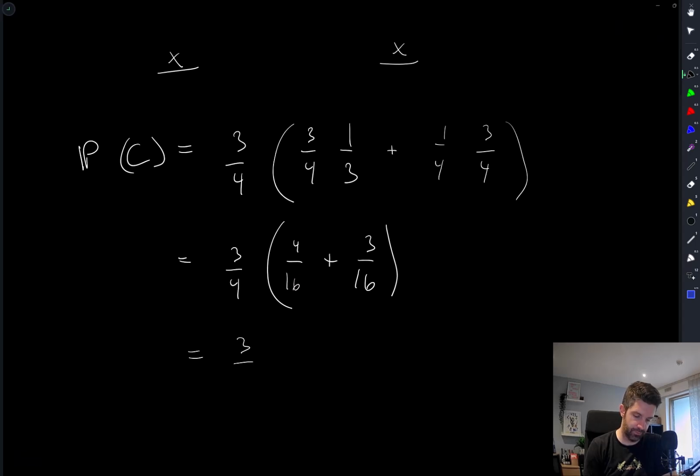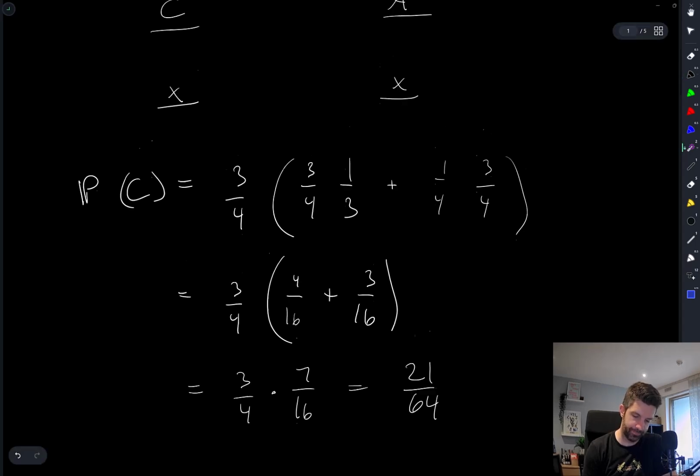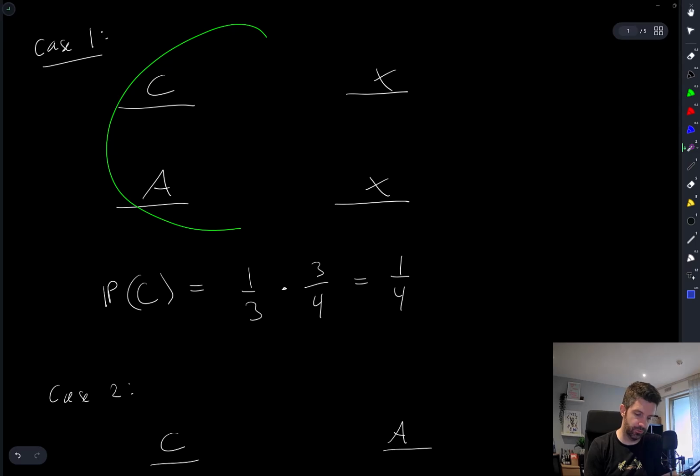I've got 3/4 times 7/16, so 21/64. So if the starting arrangement looks like that, 1/4.